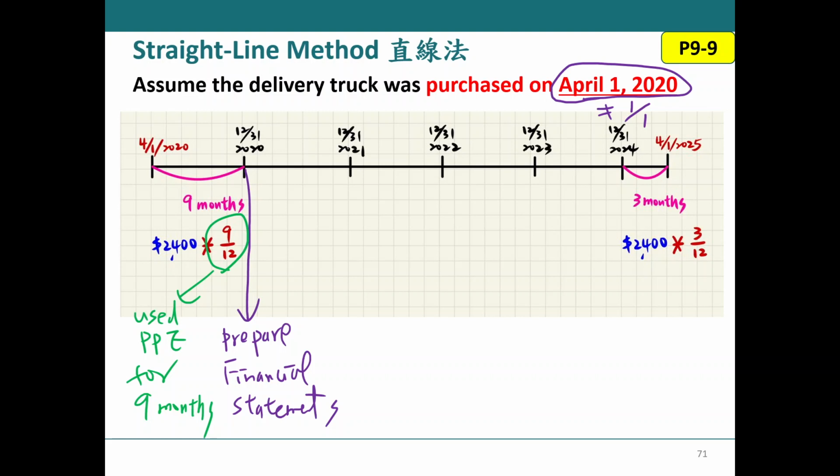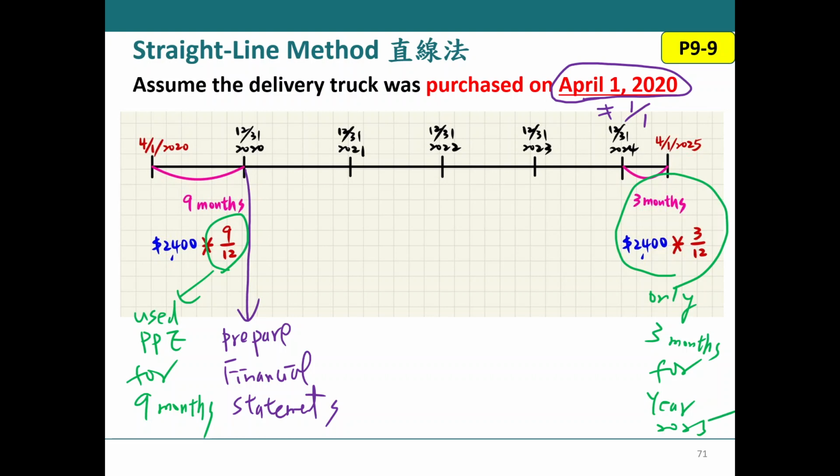That's only 3 months in 2025, so we're not going to prepare a full year. You should understand it's only 3 months for year 2025. Okay?